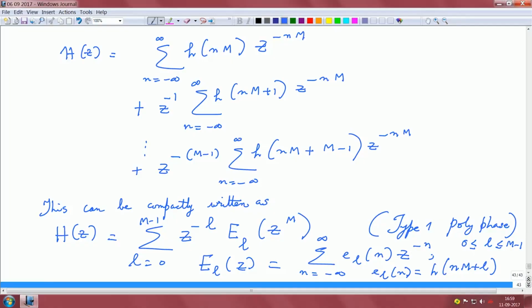So now this gives us an idea that given any arbitrary filter, we can do an M polyphase representation of the filter. That means we take the filter, we decompose it into sub filters of lower order, which will be connected through a delay line, right. The original filter is connected to all the sub filters via a delay line.